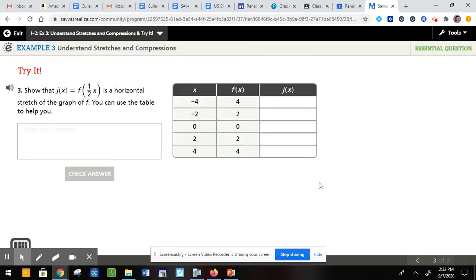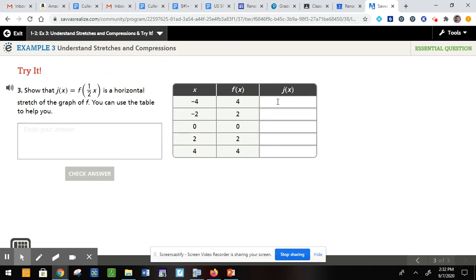All right, so it's a try it question, so pause, give it a try, and then come back. All right, so show that j of x is equal to f of 1/2 x is a horizontal stretch of the graph of f. And you can use the table to help you.